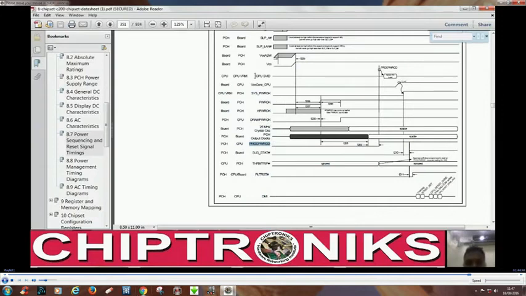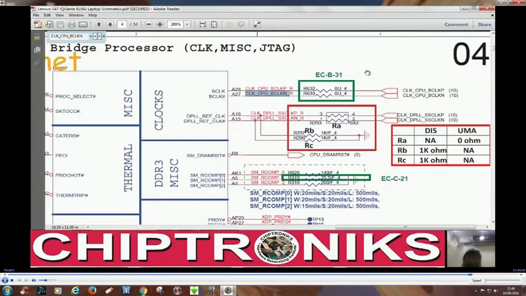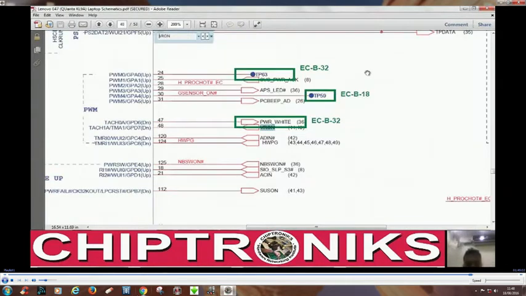You can see over here at this stage, the core voltage is generated after VR on. We need to understand this very well.